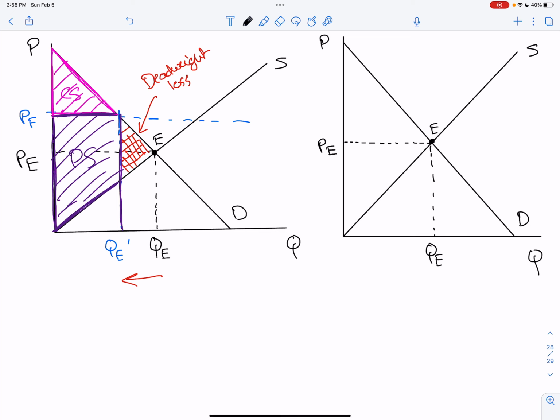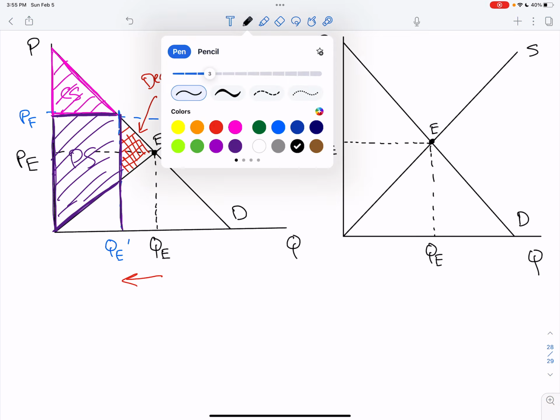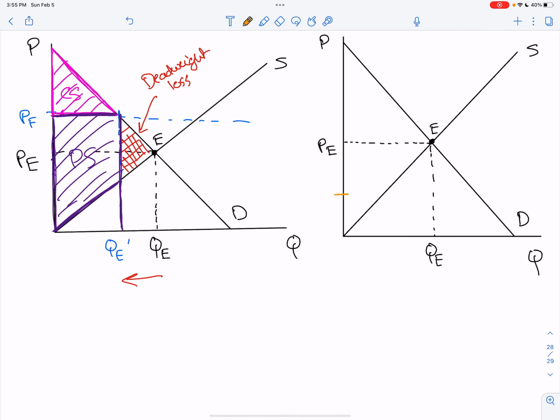Now a price ceiling says that the firm is not allowed to charge more than, say, this amount, which reduces quantity exchanged to this amount here. Again, if this is not familiar to you, I would very much encourage you to watch the previous video. Okay, which creates, of course, a deadweight loss represented by this triangle here.